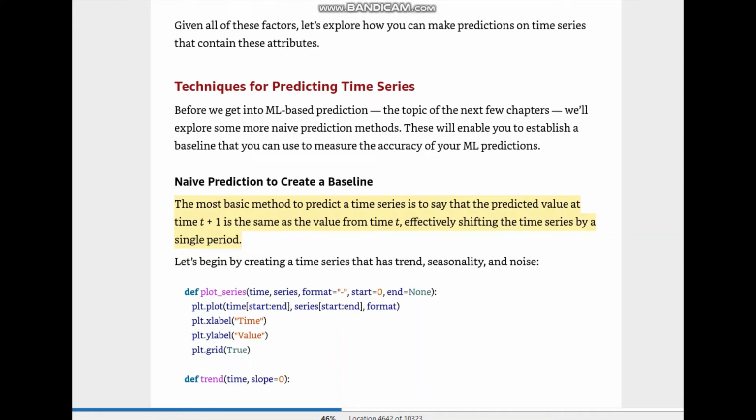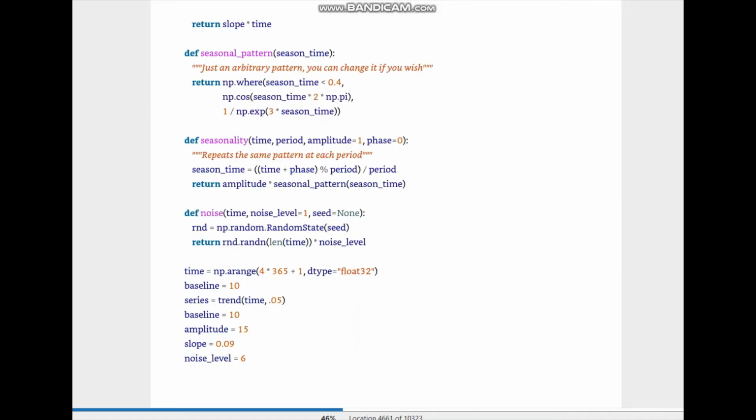So we get the time start and end, the series start and end, and its format. Then we get the x label, that's time, the y label, that's value, and grid equals true, so we have a grid in our graph. Then for trend, we take time and slope equals 0. So we return slope times time.